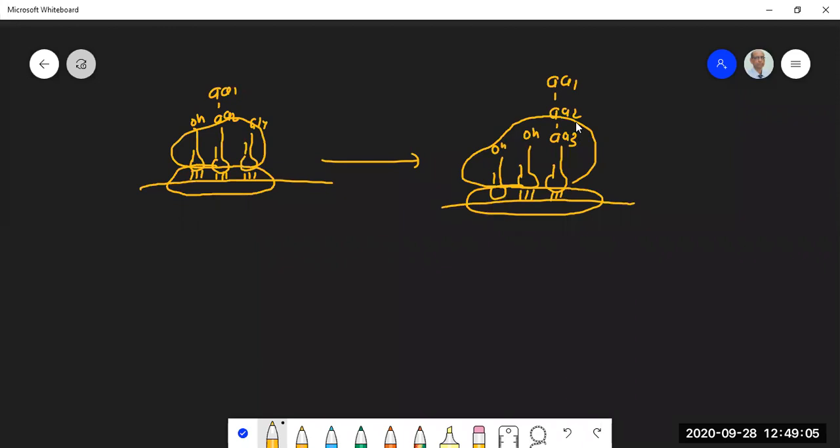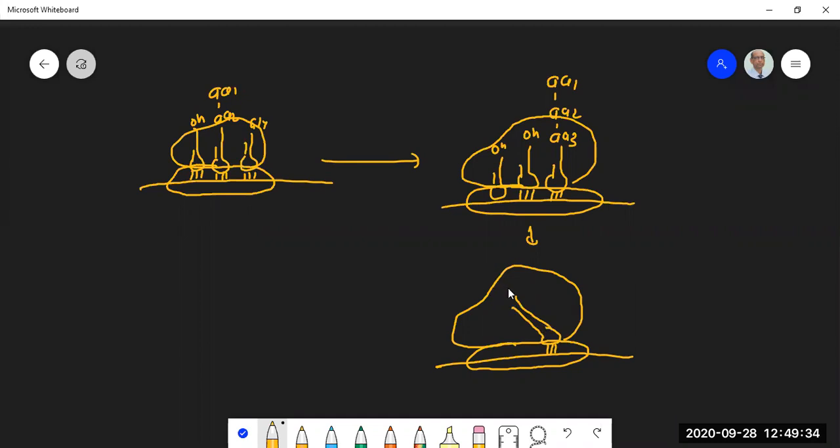Okay, and as soon as peptide bond is formed, what happens? The interaction of the tRNAs in the large subunit changes. Let me draw it for you so that you can understand it. Interaction in the large subunit changes while the other end is firmly anchored at the small subunit.